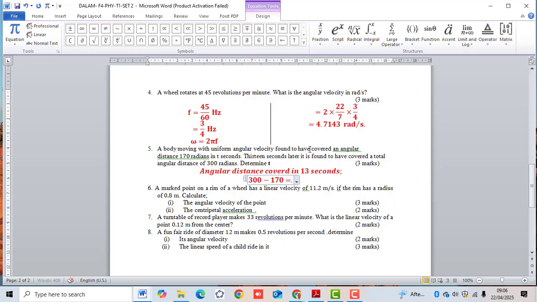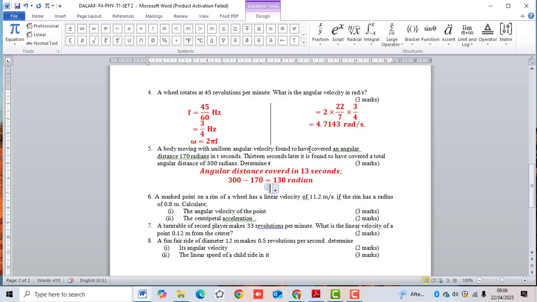You get the answer as 130 radian. Then from that, we can now get the angular velocity for 13 seconds.